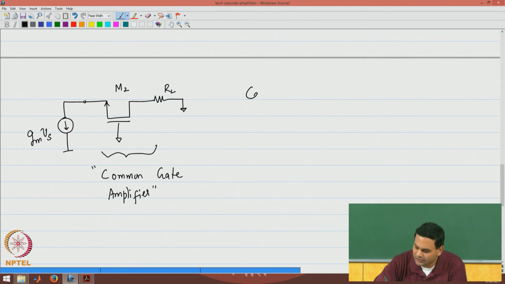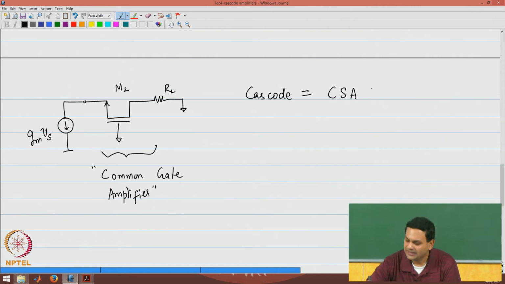So, in other words, the cascode connection is simply a common source amplifier stacked with a common gate amplifier. So, M2 acts as a common gate amplifier.